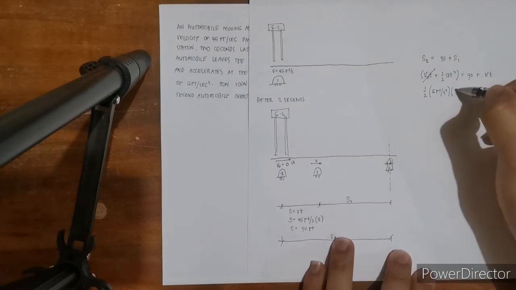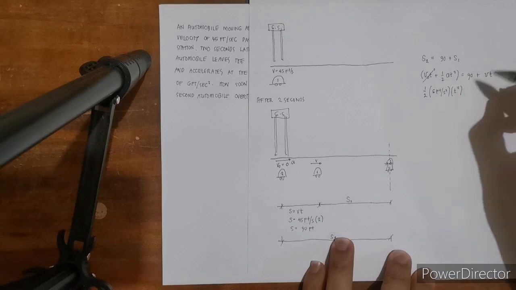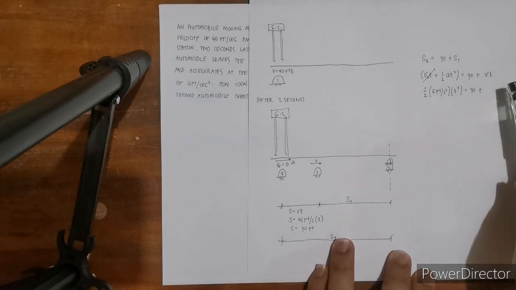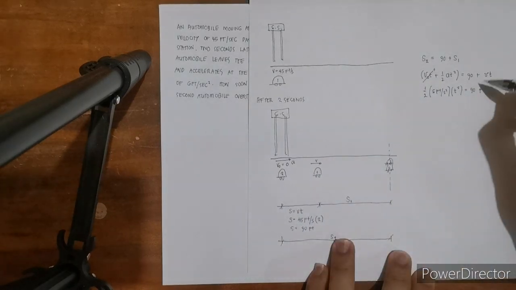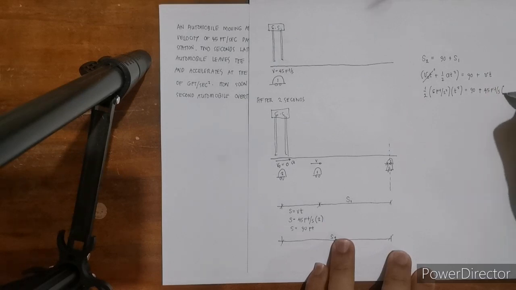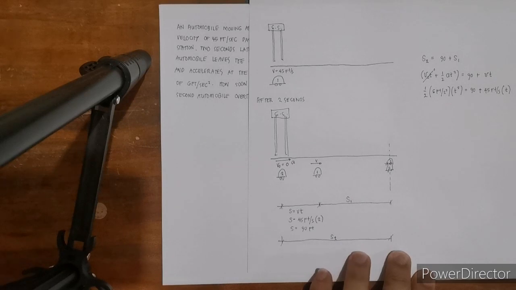Multiplied by time, that is unknown, equivalent to 90, plus velocity of the first automobile, that is moving 45 feet per second, multiplied by duration t.